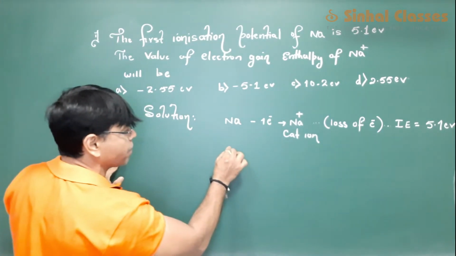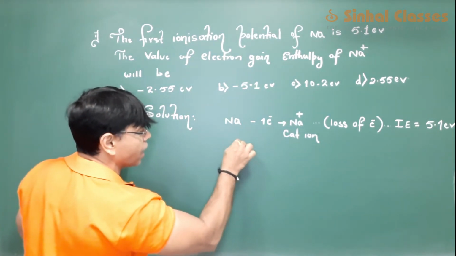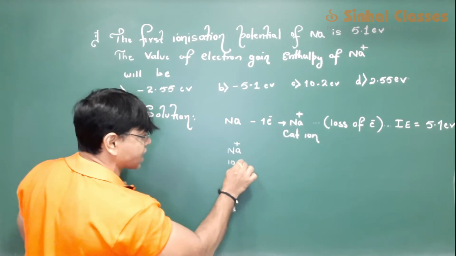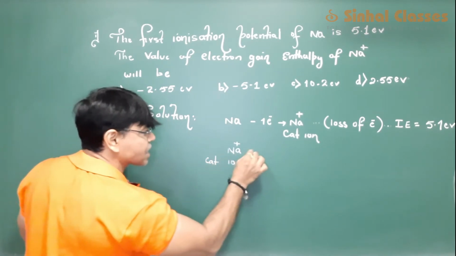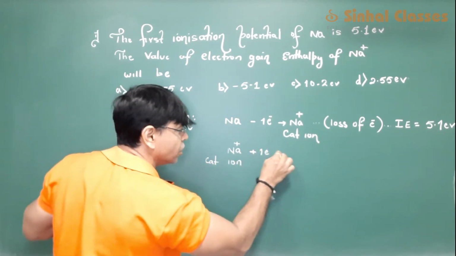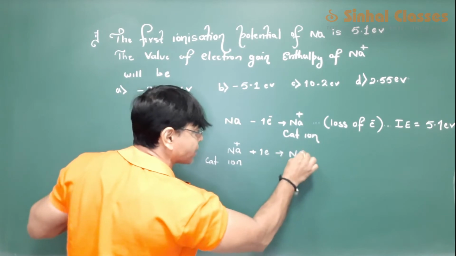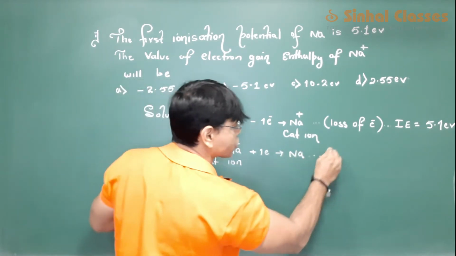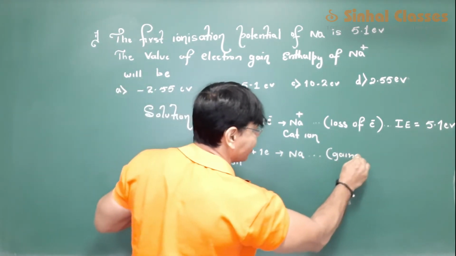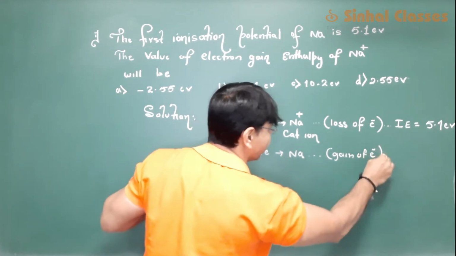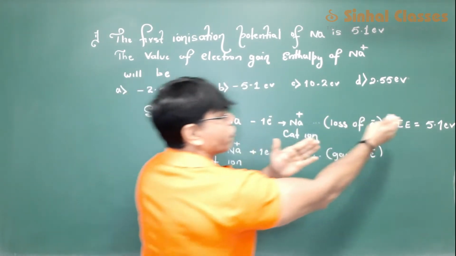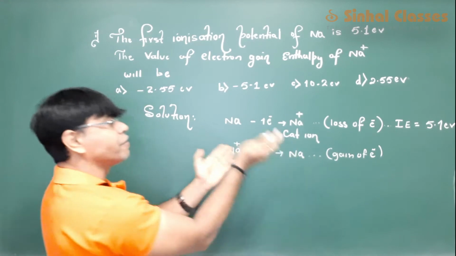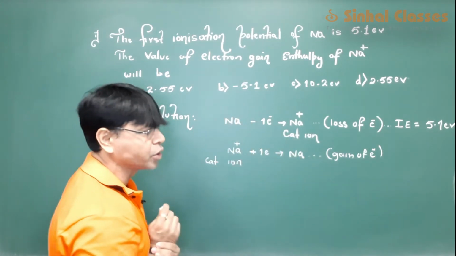Now gain enthalpy means Na plus ion, that is cation, is accepting one electron to turn back into atom. That means it has to gain an electron. Now this is very simple. For losing it is 5.1, for gaining it will be the reverse, the same magnitude.